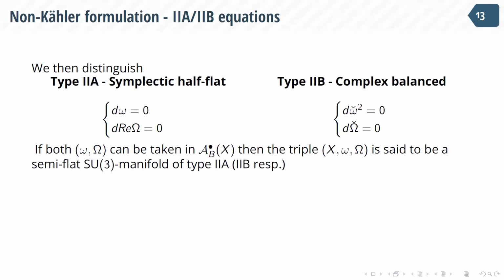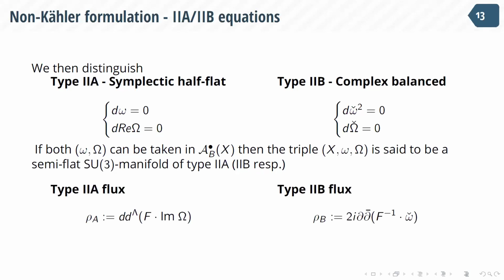In the definition of the type 2A and type 2B equations, the flux terms also make their appearance. Even if we are not going to use them directly, they are important because they encode the information about the torsion of the structure, and they are also defined in terms of the differential operators that are used to define the geometric PDEs for non-Kähler flows.